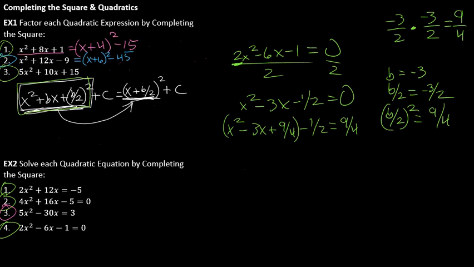Then we just group and factor. And this guy is the perfect square. X minus 3 over 2 all squared minus 1/2 equals 9/4. Add 1/2 to both sides.